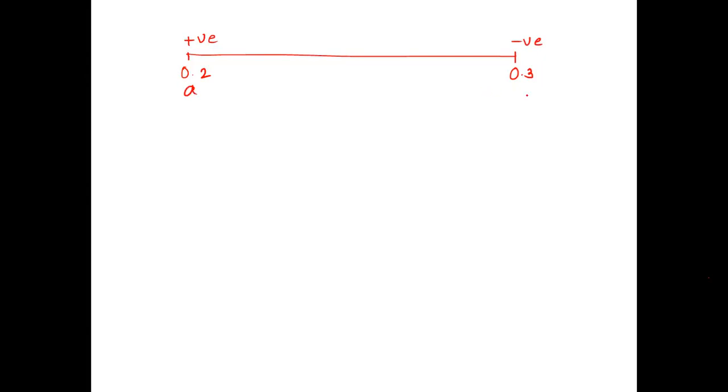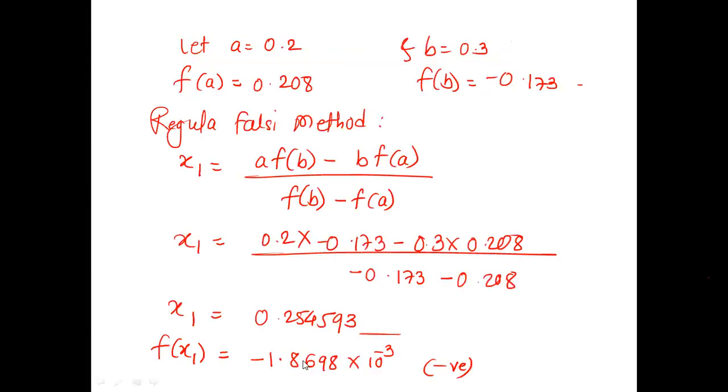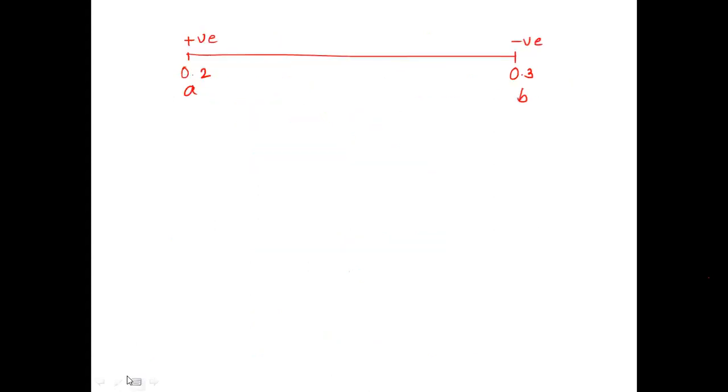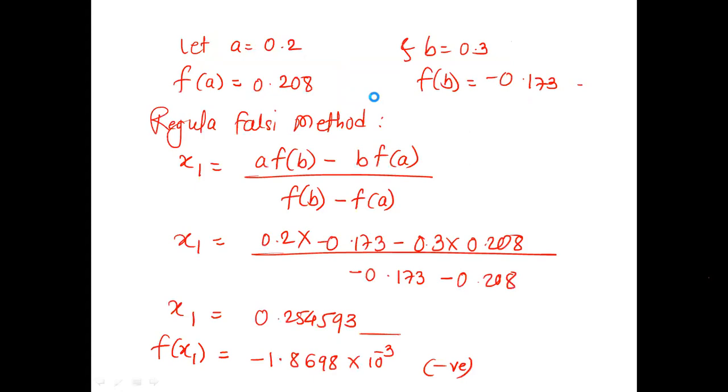This is A, this is B. x1 is 0.254593, in between, and the value for it is negative.